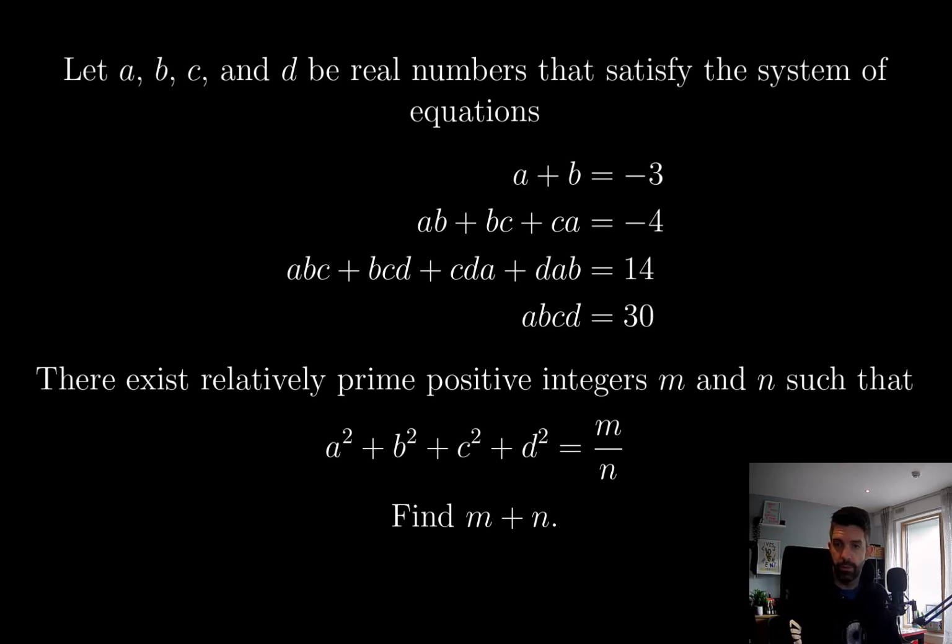oh, you know what? Not all of the equations involve all the variables. So if I write these down, the first equation involves A and B. The second equation involves only A, B, and C. The third equation does involve all four variables.